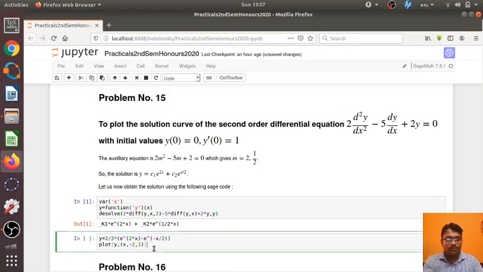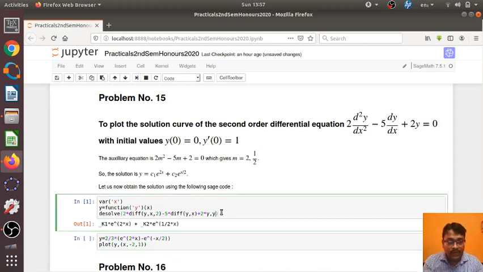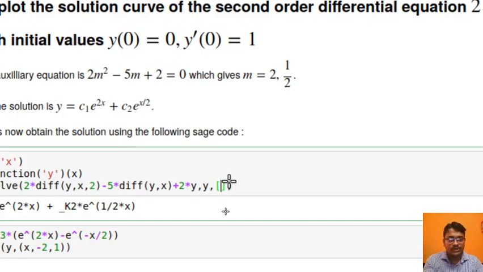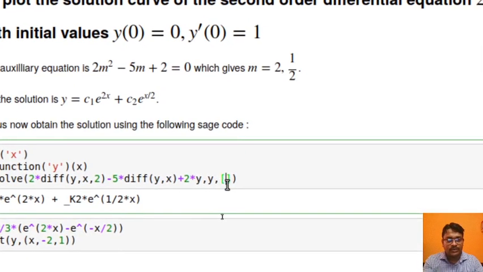Now we have to plot this particular function. But I have not put the initial values, so let me put the initial values as well. We have already seen how to put it. We have to write it within square brackets. At x equal to 0, the value of y is 0.